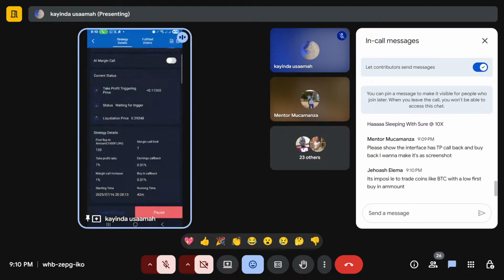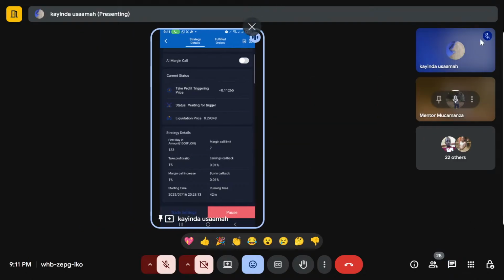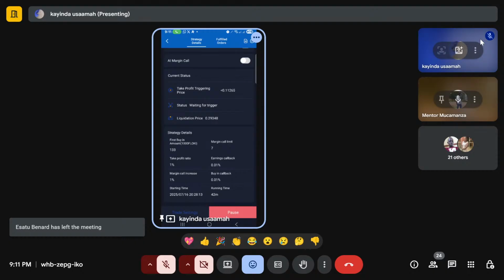I guess you have this page on your phone, unless you don't have a robot. If you have a robot, it's there. It's impossible to trade coins like BTC with such a low first buying amount. Yeah, it is, for sure. It's almost impossible. There are coins which are very expensive, like Bitcoin.